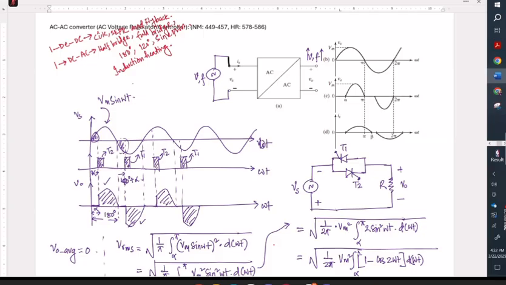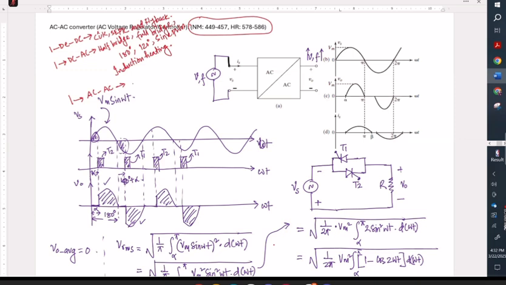And then 1 set of questions will be from AC to AC controller. That content will be inside this page limit. So if you go through all the pages there, you'll be able to answer that question.